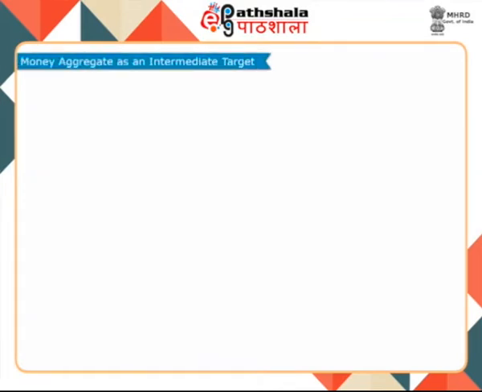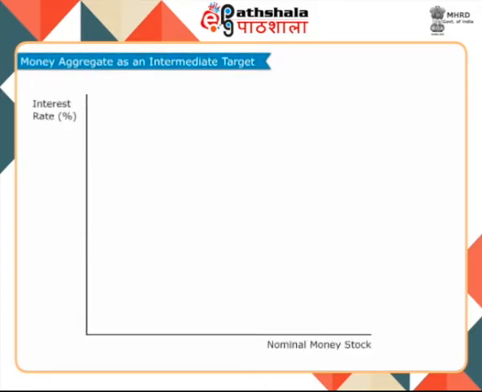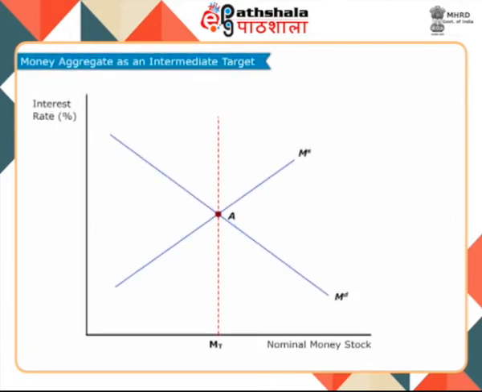Consider a case when the RBI adopts a monetary aggregate as an intermediate target. Suppose the intermediate target for the money stock is MT in the figure. Once the RBI adopts an intermediate target, it manipulates its policies. Beginning at point A, where MD intersects MS, an increase in money demand to MD1 moves the economy to a new equilibrium at point B, increasing both the money stock and the interest rate.